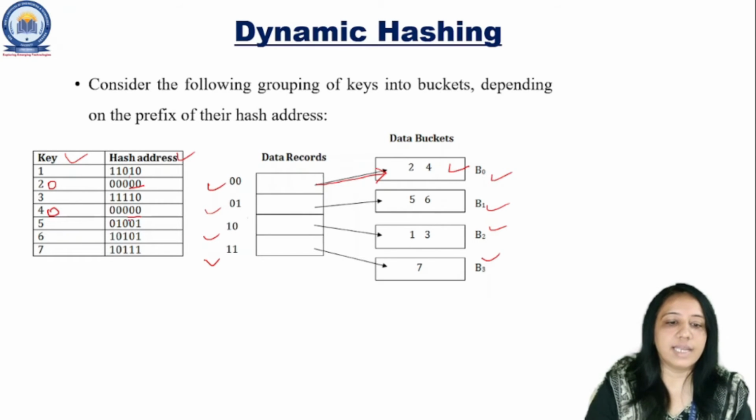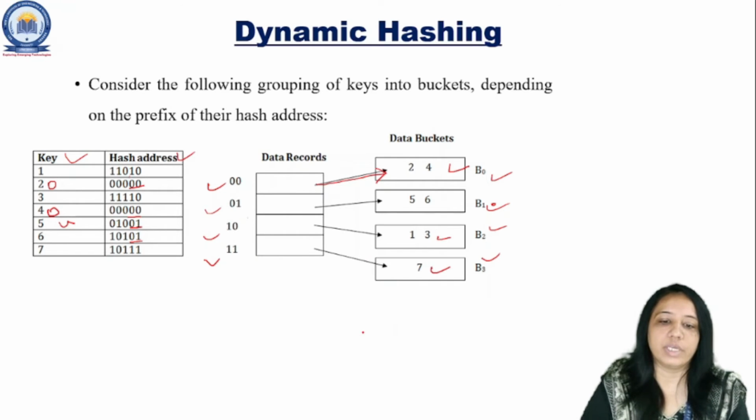In the same way, 5 has last two digits 01, and 6 also has last two digits 01. So 5 and 6 are going to be stored in the bucket B1. Same way, 1 and 3 go together, and the fourth one, 7, is going to be stored in B3.